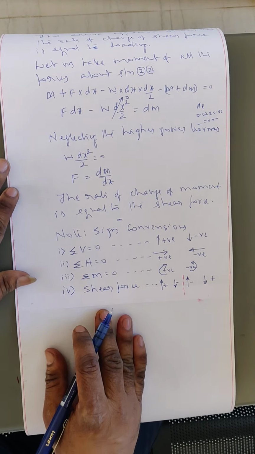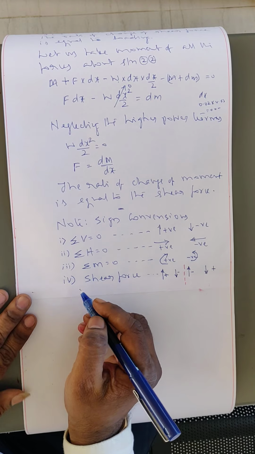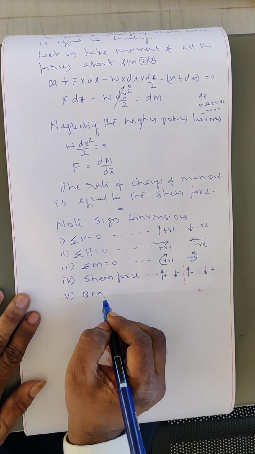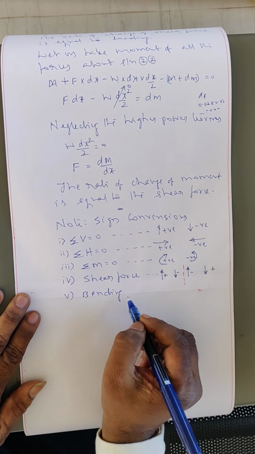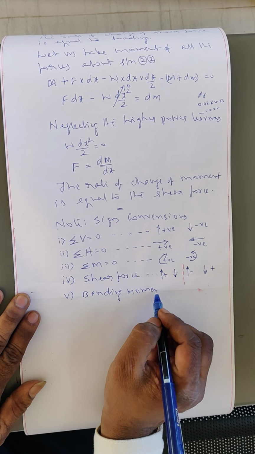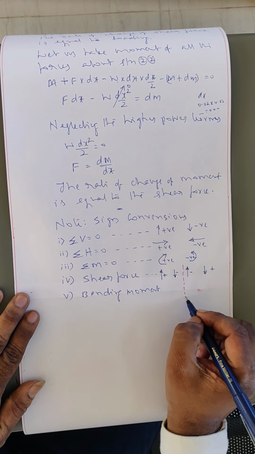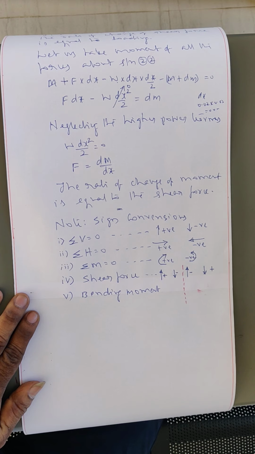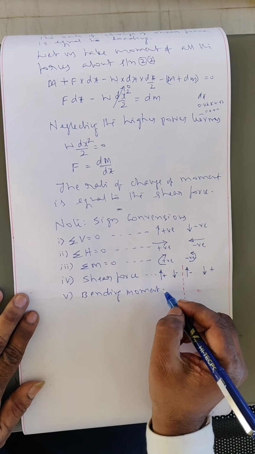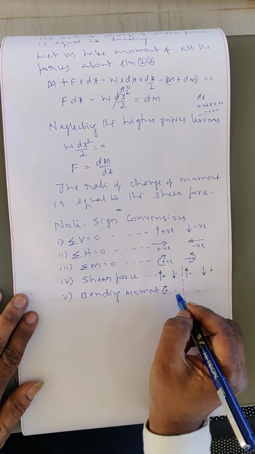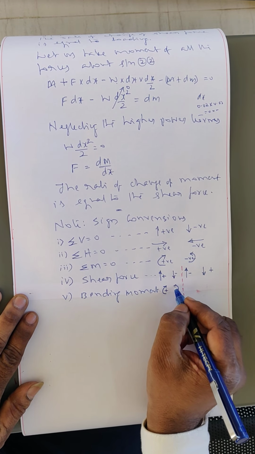The last sign convention we followed is for bending moment. Again, for the bending moment, this is the section line. To the left, clockwise moments are positive, anti-clockwise moments are negative.